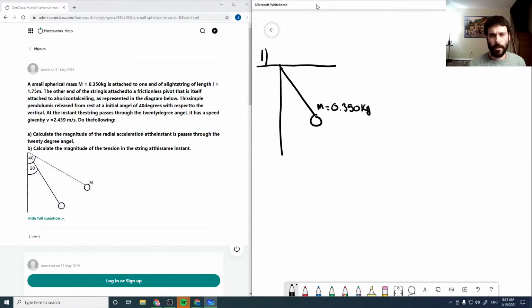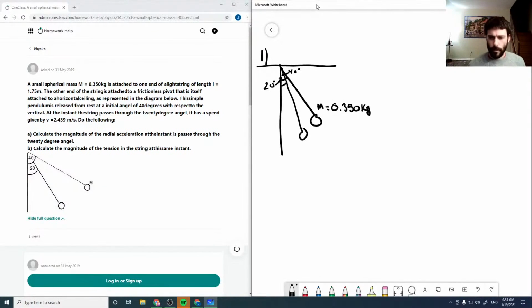It's released from rest at 40 degrees. And then at the instant that it passes through a 20-degree angle, so that's 20.